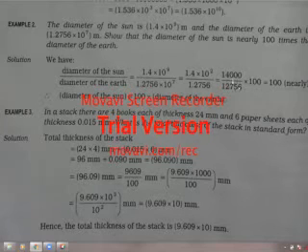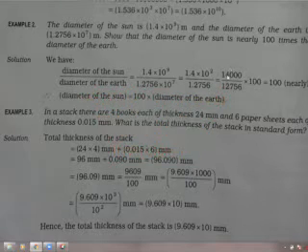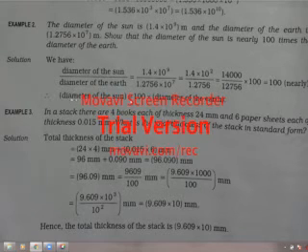In fact, if we round it to the nearest 1000, then it becomes 14 by 13. So it is nearly more than 100 only. So nearly it has been said 100. Therefore it has been written: diameter of the sun is equal to 100 into diameter of the earth.